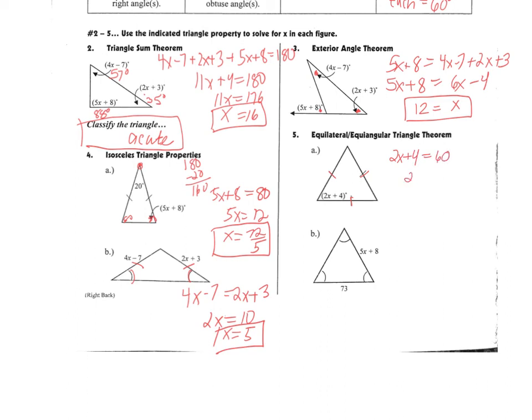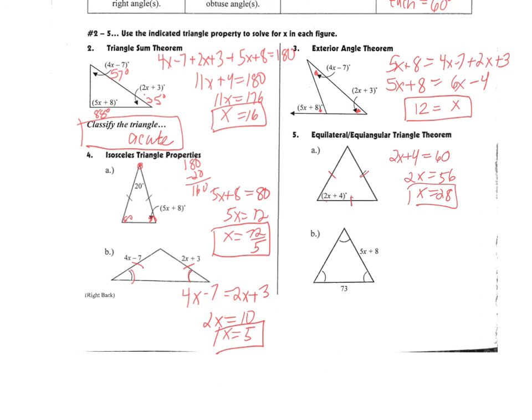If I solve that, x is going to equal 28. If you check yourself here, 28 times 2 plus 4 is going to give us 56 plus 4, which is 60.